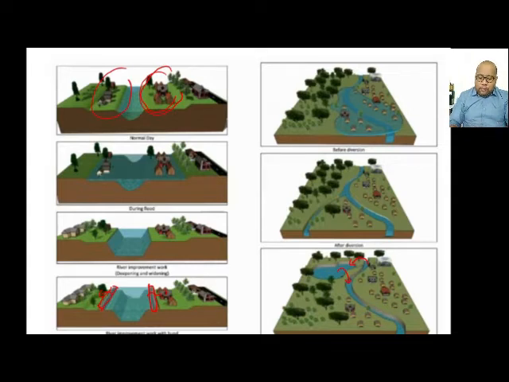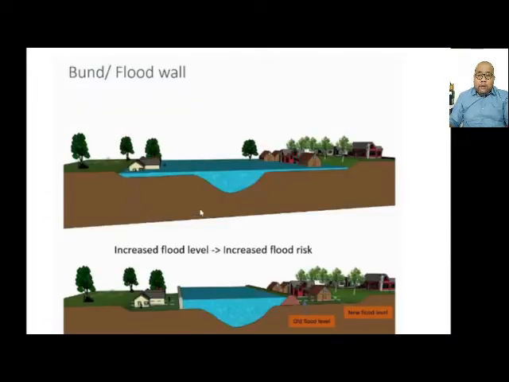So the area downstream of this area will not be flooded. Okay, this one you can see, we make a bund or flood wall.